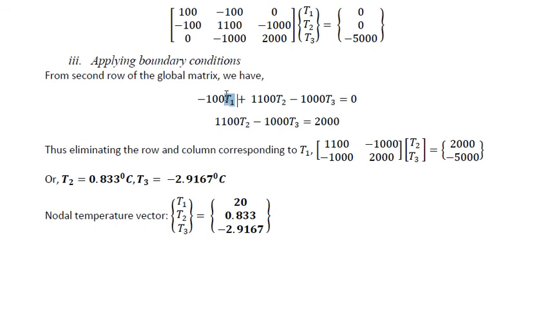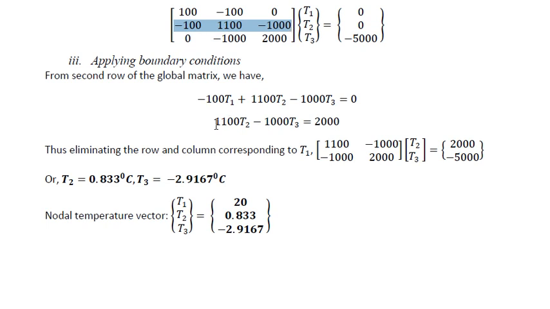Since we know T1, we will substitute T1 here. T1 is 20. Then it becomes 2000. If we take this 2000 to the right side, we will remain with an equation having only two unknowns: 1100 T2 minus 1000 T3 is equal to 2000.